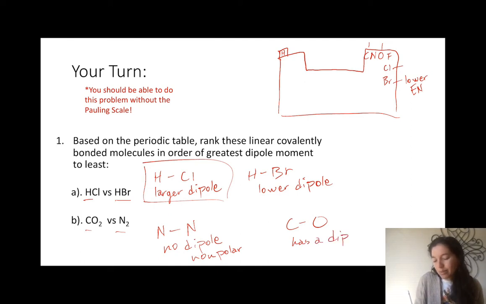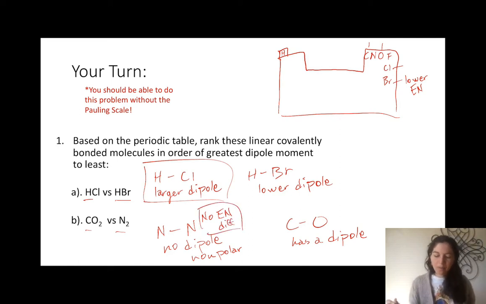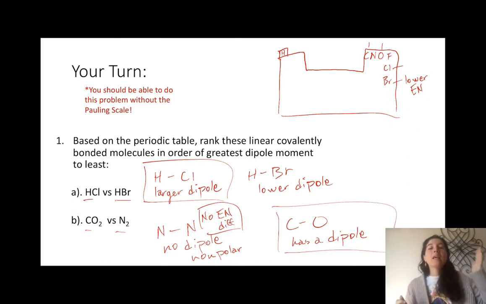However, it is pretty small, but we definitely know it has a bigger dipole than our nitrogen bonded to our nitrogen, because there's no EN difference for this one. Okay, so the answer to this would be HCl for part A and carbon dioxide, CO2, for the next one.